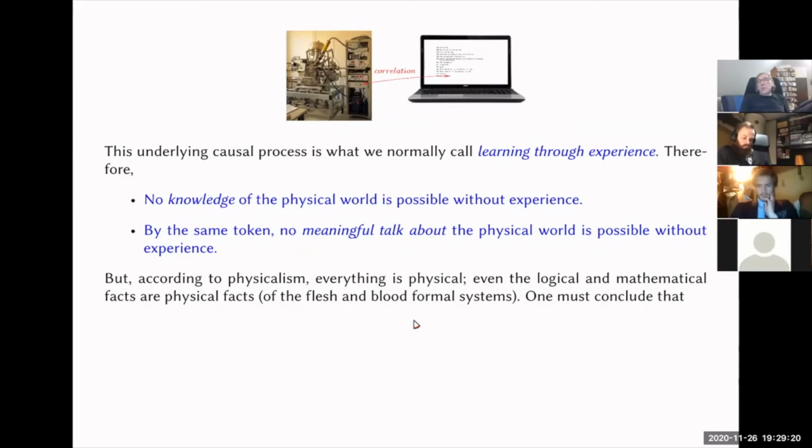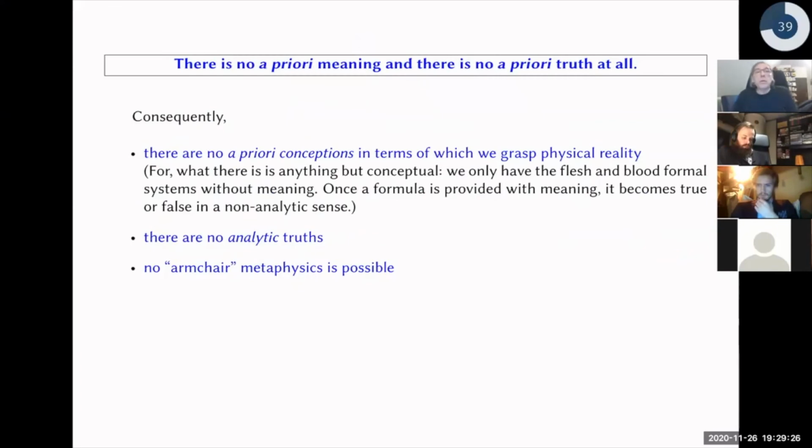So all this means together that there is no a priori meaning and there is no a priori truth at all, neither in the sense of truth of reasoning, nor in the sense of truth of facts. Yeah.